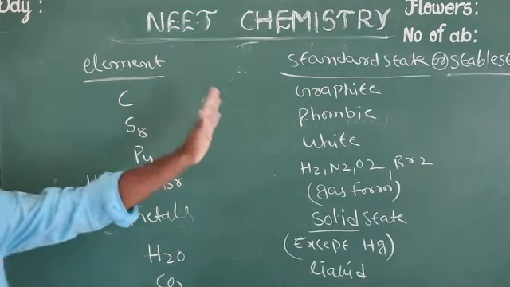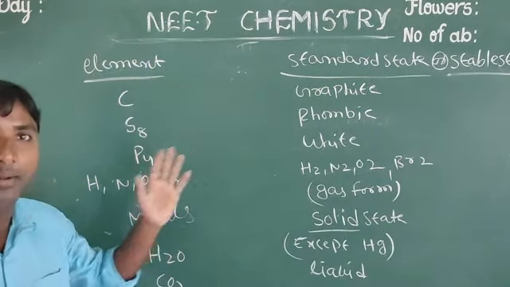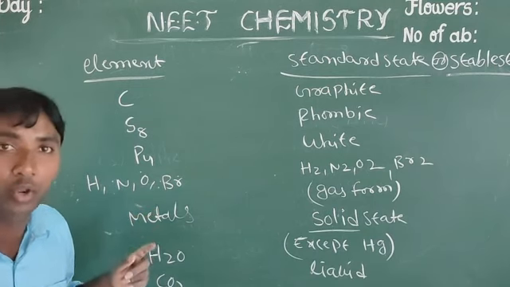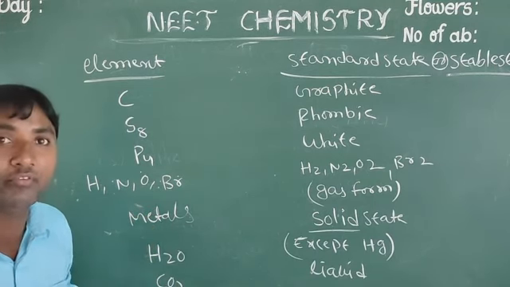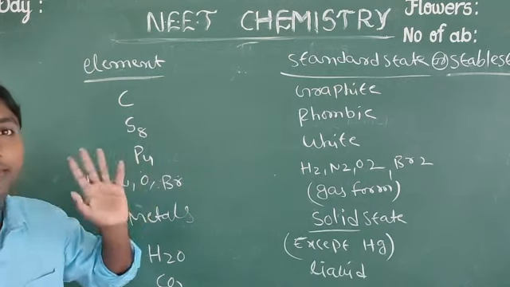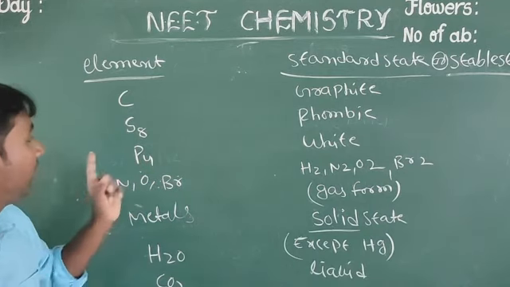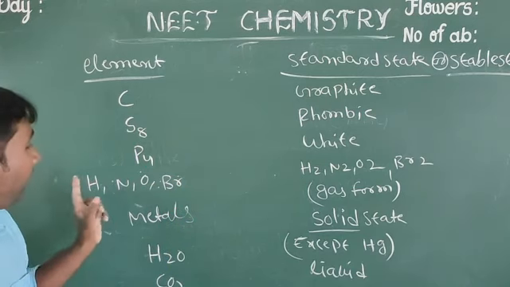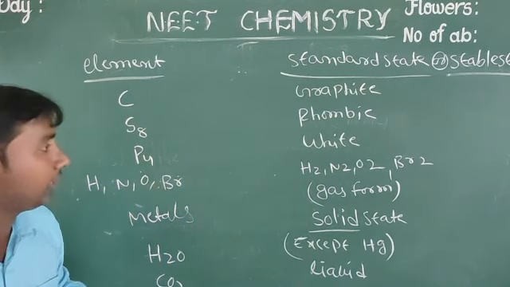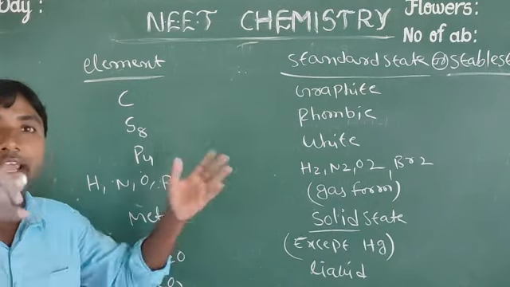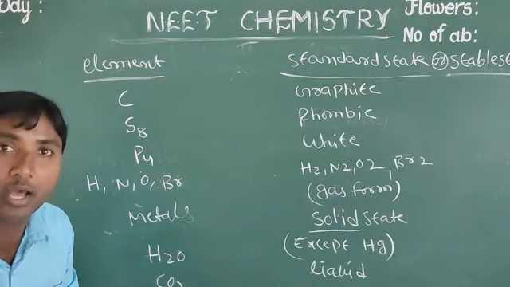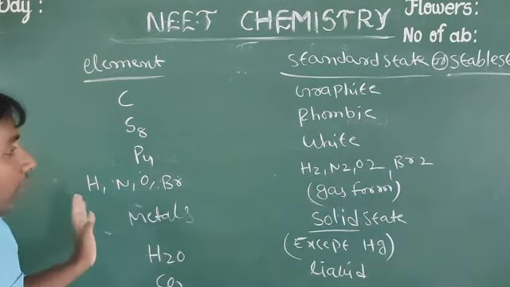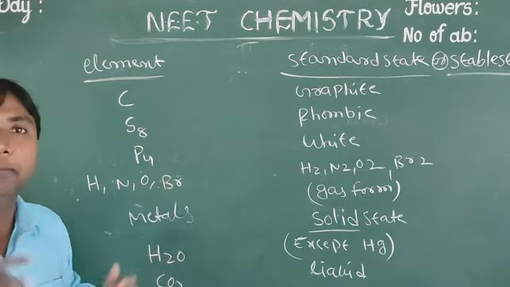At minimum, remember this part of your syllabus. Carbon means the graphite allotropic form is the stable one. Sulfur means rhombic is stable. Phosphorus means white phosphorus is standard and stable. Hydrogen, nitrogen, oxygen, bromine are in diatomic molecular forms: H2, N2, O2, Br2.